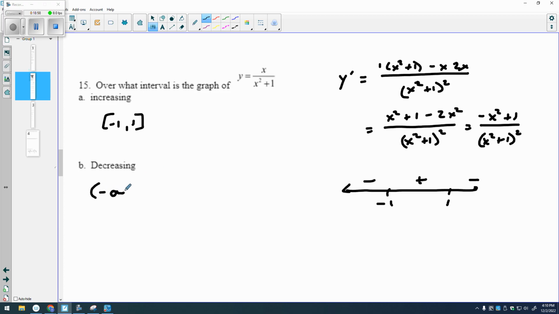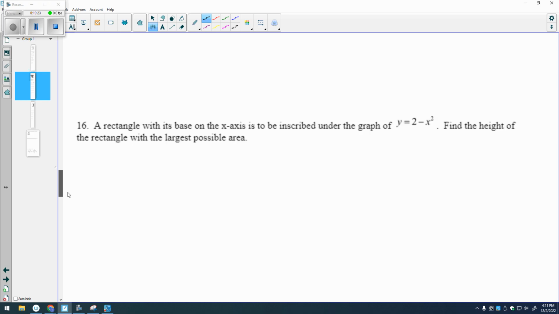From negative infinity to negative 1, and from 1 to infinity. Now you can put brackets or parentheses on this, but you should never have a bracket on the infinity side. Okay, there's question 15.